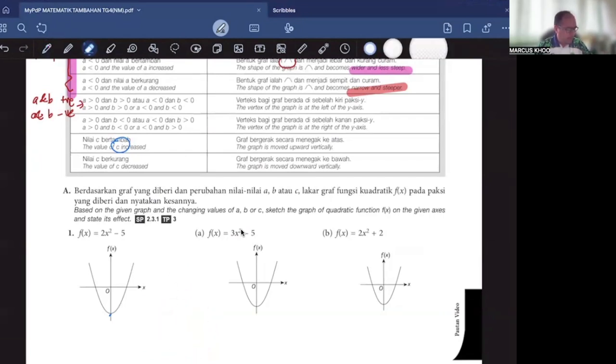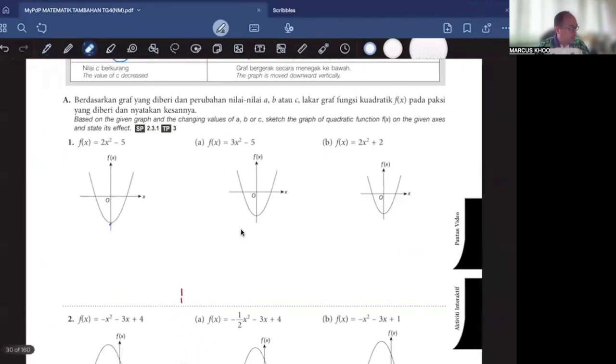Okay, let's give a couple of things a try. First of all, when you look at this graph, this is the original, f(x) equals 2x squared minus 5. This is just part A. If it's -5 at the back here, you know the number over here is -5, because that's the bottom-most point. But now I want to change it to 3x squared minus 5.